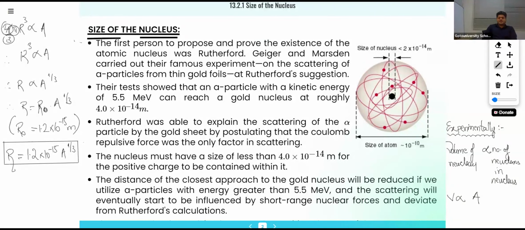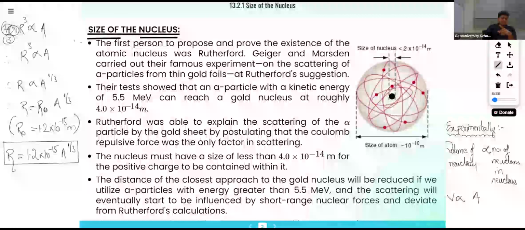Yes, so this was about the size. If you know A, you'll substitute the value of A, you'll get the value of R. You can even compare two radii, which is bigger, which is smaller, just with the help of this boxed formula. That's it.